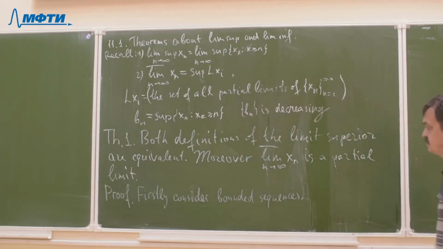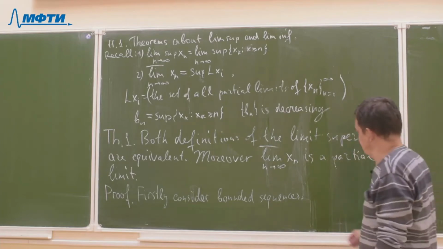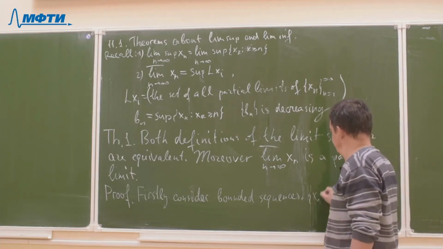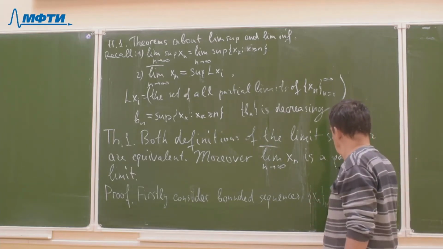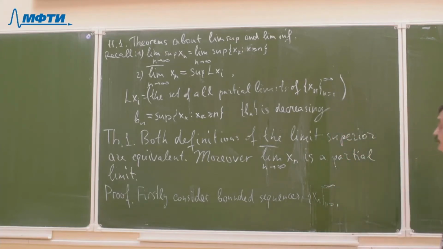So it means that we have xn is bounded, right?